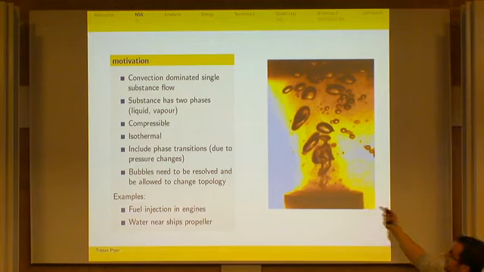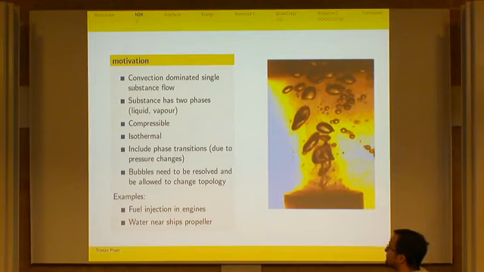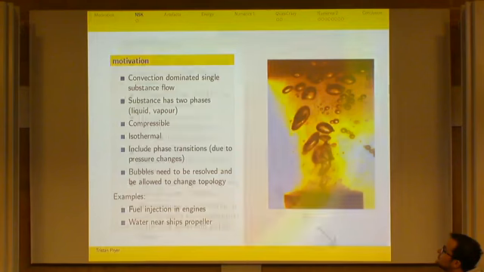I care about the case when we're compressible and isothermal, and I want to derive a model that includes phase transitions. My bubbles need to be resolved, and I want my bubbles to allow for topological change. And from the applications point of view, this comes up in fuel injection and water meter ship's propeller.